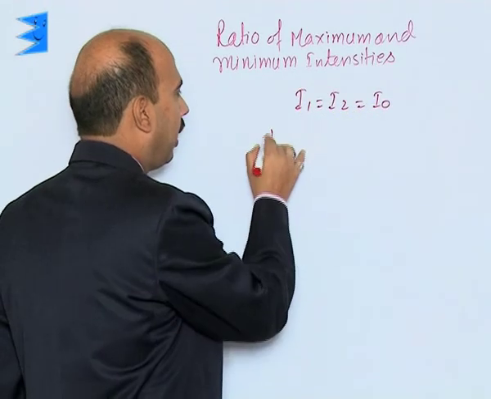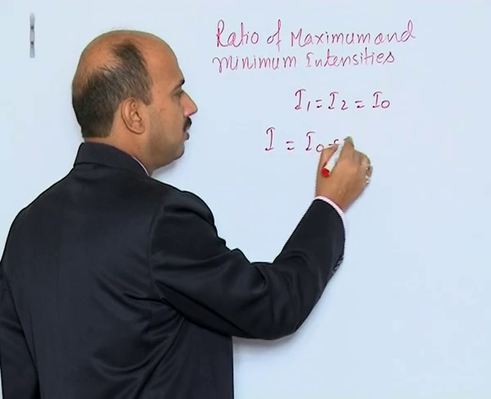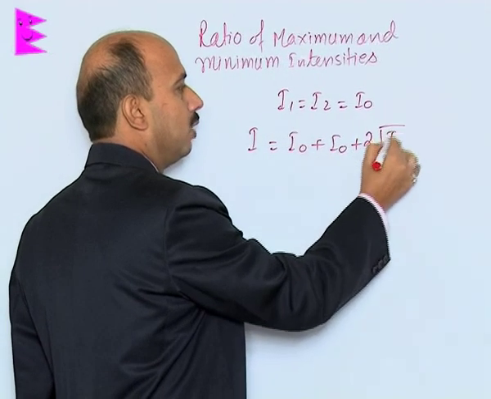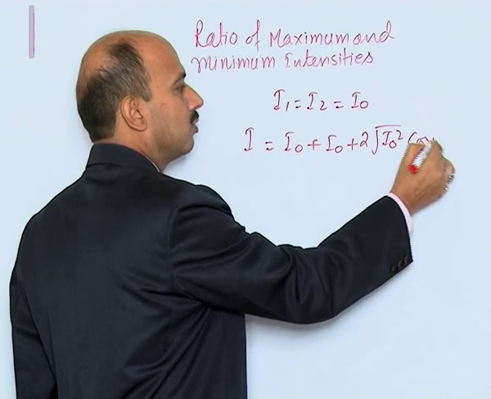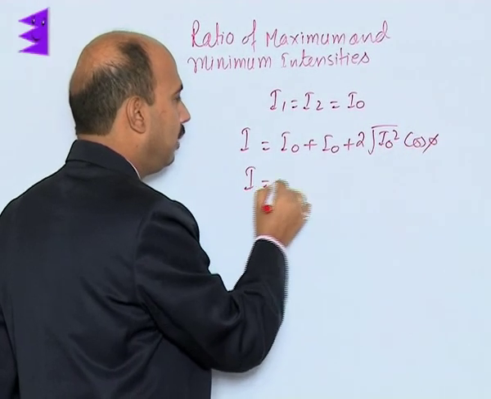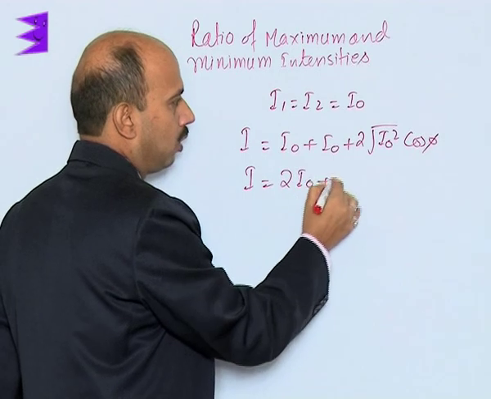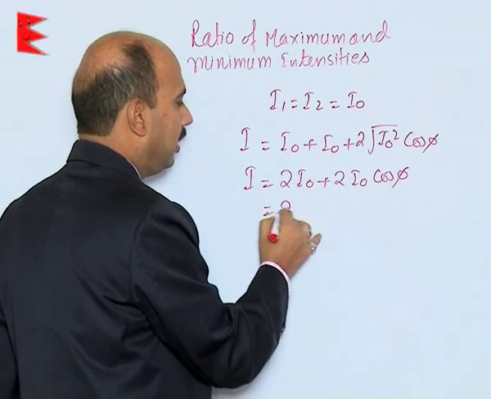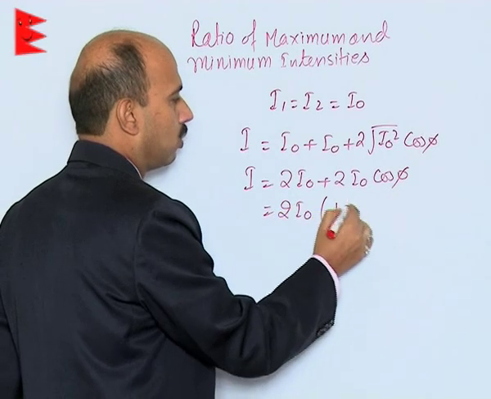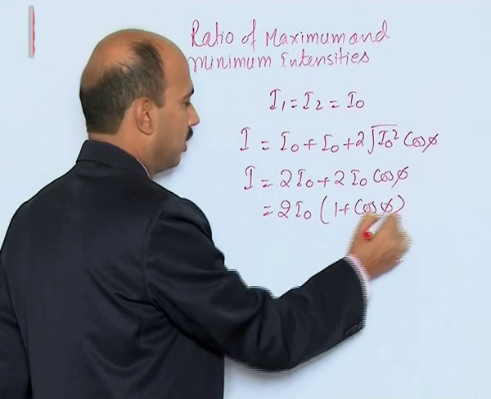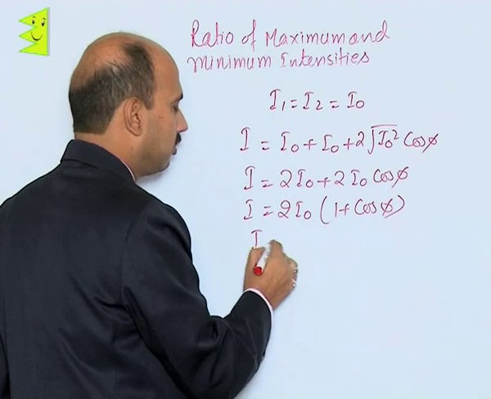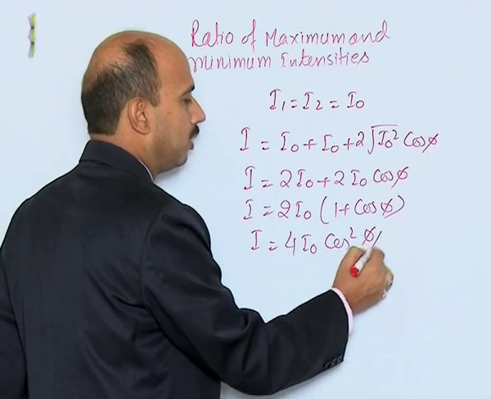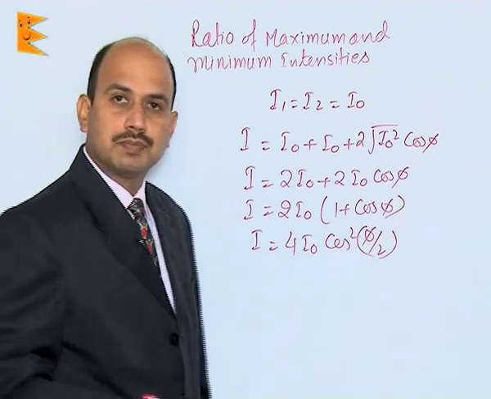Then we can write I is equal to I naught plus I naught plus twice the square root of I naught square cos phi, that is twice I naught plus twice I naught cos phi. We can take common twice I naught times 1 plus cos phi, and that can be written as I is equal to 4 I naught cos square phi by 2.